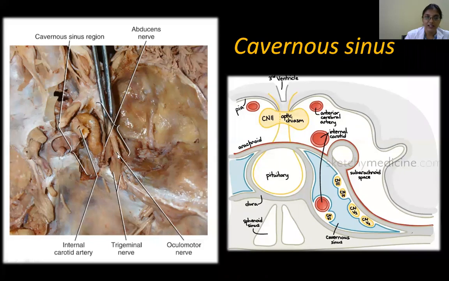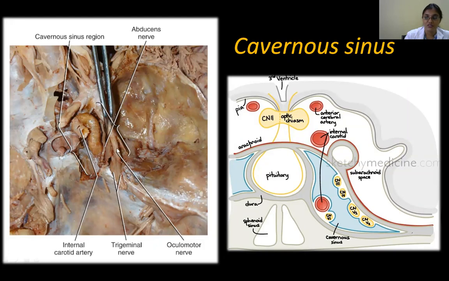Laterally, in the lateral wall, you have the oculomotor, trochlear, then the ophthalmic division and maxillary division of the trigeminal. Here you can make out the oculomotor, and a thin one is the trochlear, which will be below, then the ophthalmic division of the trigeminal, and then the maxillary division of the trigeminal.